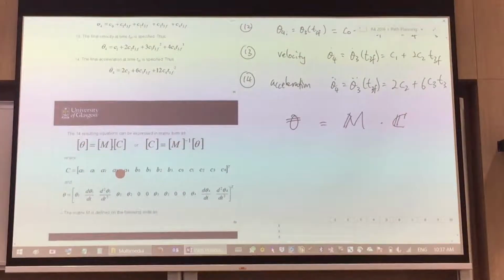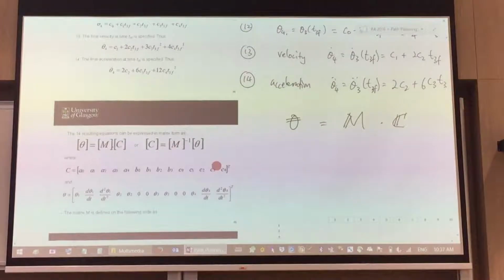If you look at the equations that we wrote just now for position, for that first segment, there are 1, 2, 3, 4, 5 coefficients. Second segment, there's 1, 2, 3, 4 coefficients. Third segment, 1, 2, 3, 4, 5 coefficients.